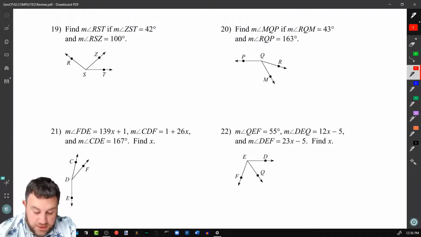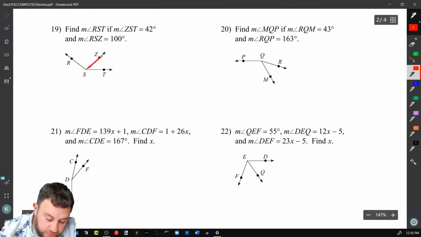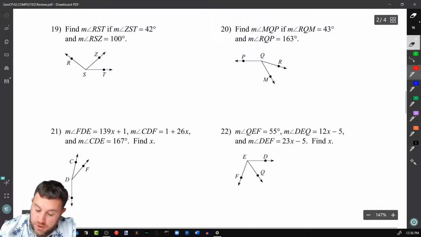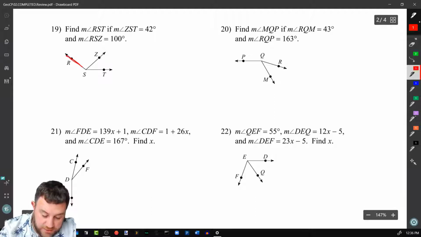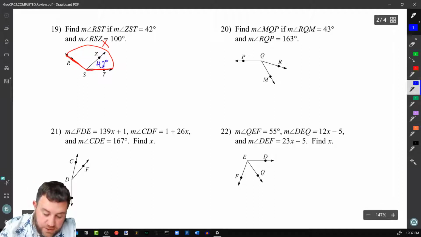For number 19, we are told that we're trying to find this angle, so we'll call it X. Nope, I marked that wrong. We're trying to find RST, we're trying to find the whole thing, so we'll call the whole thing X. And we know that ZST is 42 degrees and RST is 100 degrees.